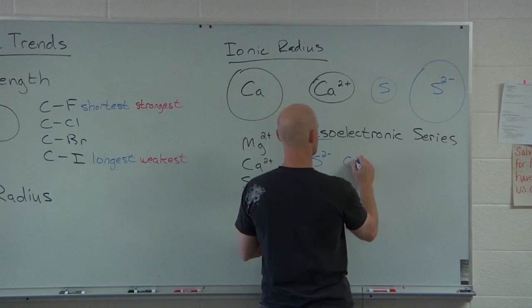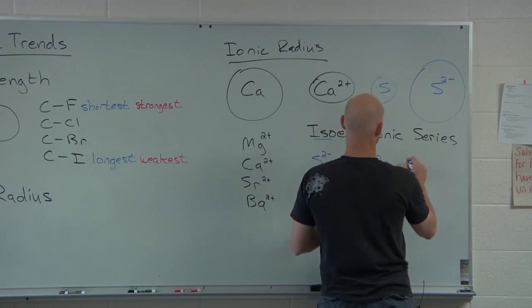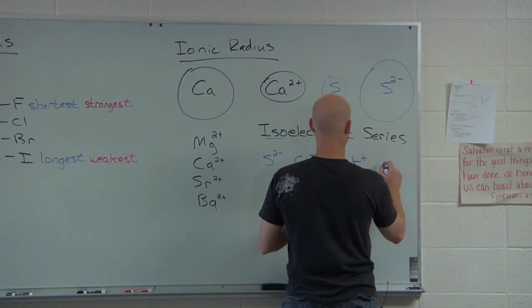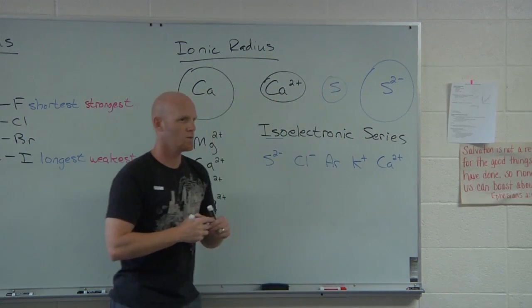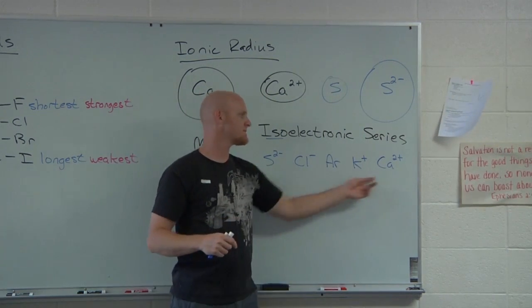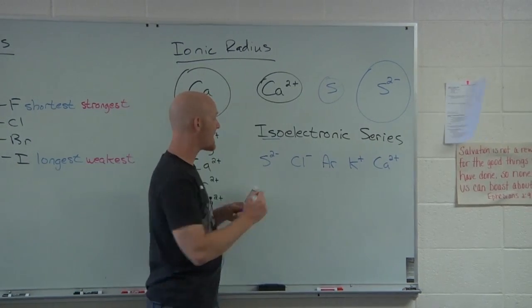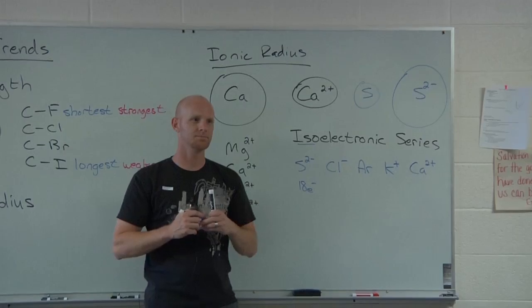So if we were to look at, say, sulfur 2-, Cl-, argon, potassium, and calcium, what you'd find out is that all 5 of these have the same electronic configuration as argon, which means all 5 of these have 18 electrons, all of them.